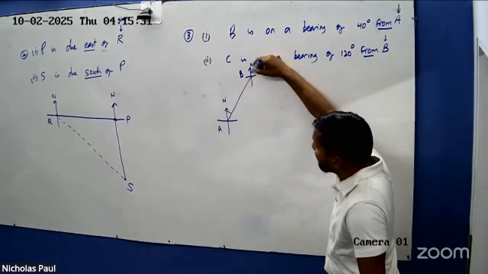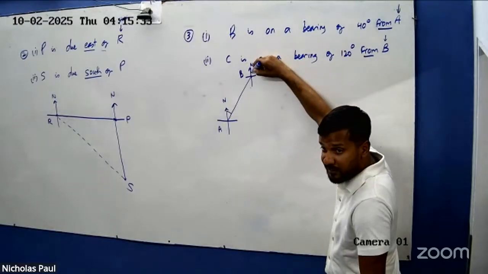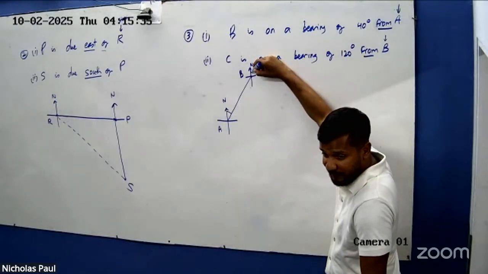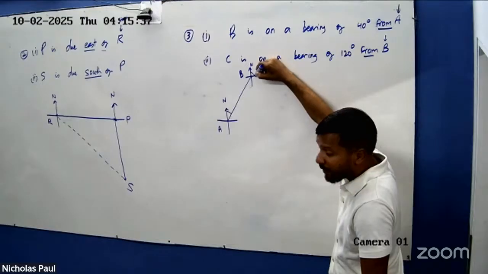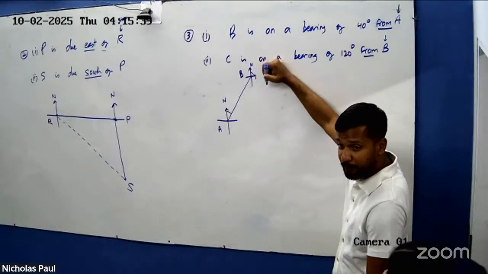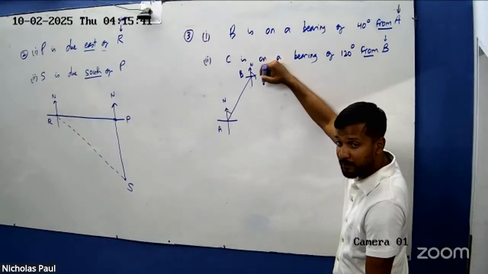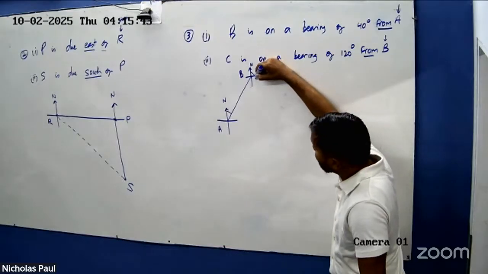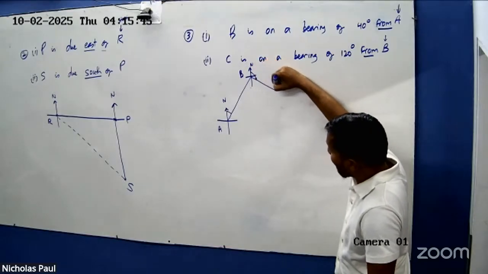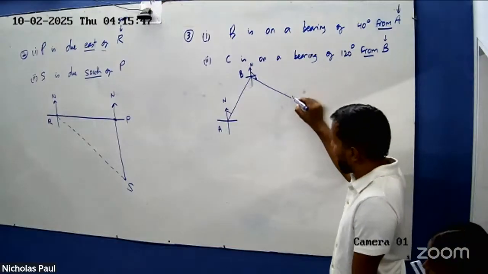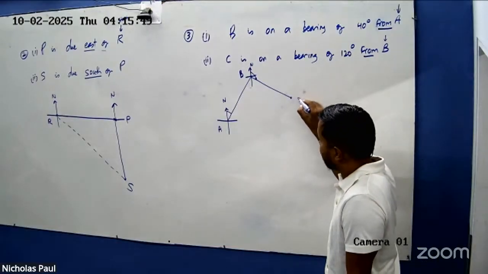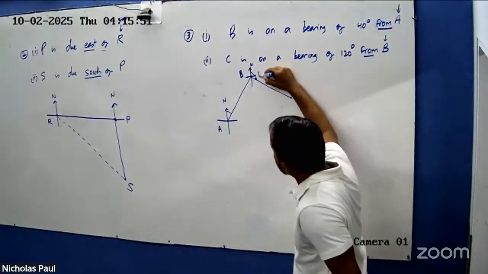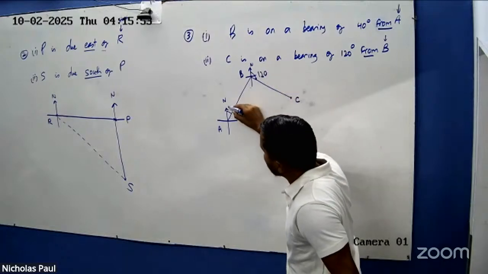I'm starting up here, from north, and going clockwise. 90, 120. So 120 is about right here. I draw my line. I don't know where C is, so I'll just stop it right here. Here is 120, here is 40.